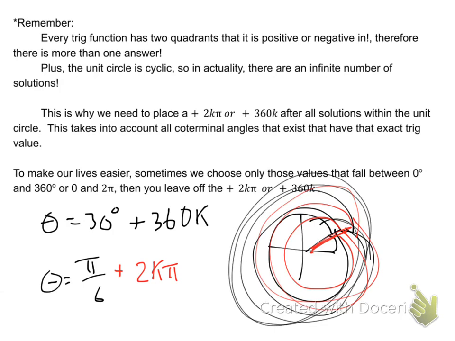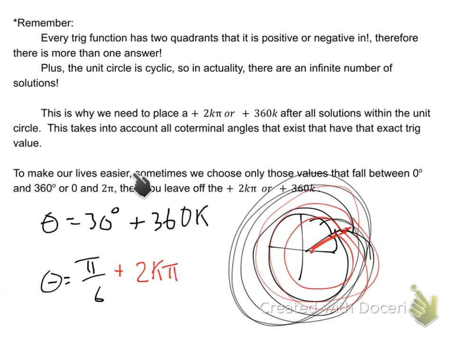So, again, if there is none of this stuff here that says it goes between 0 and 360 or 0 and 2 pi, you need to state plus 360k or plus 2 pi k or 2k pi for your answers.